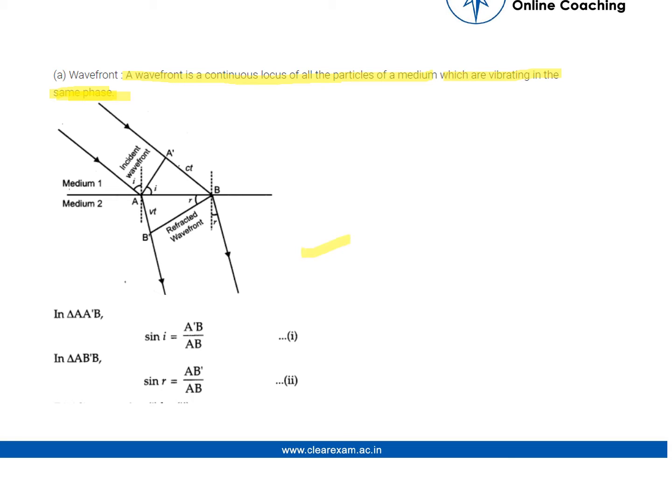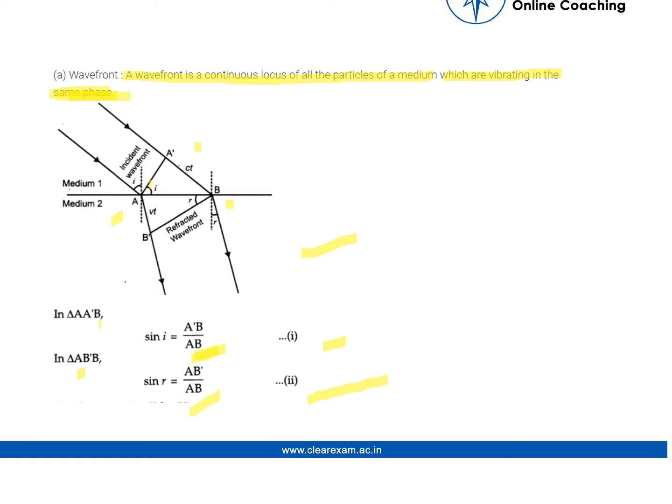So we will draw this diagram. Now in triangle A'AB, sine i is A'B over AB.